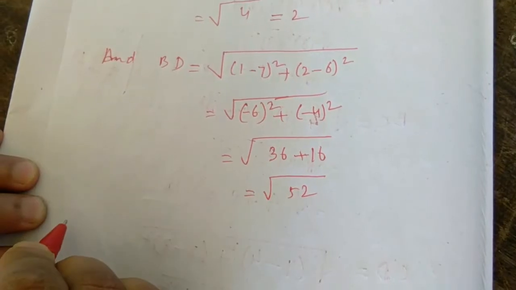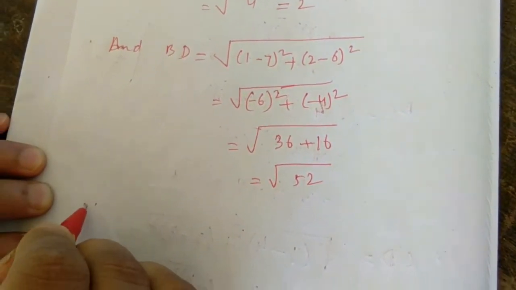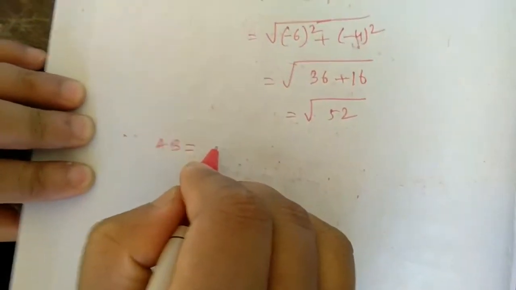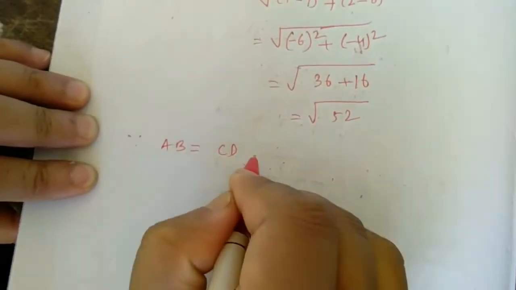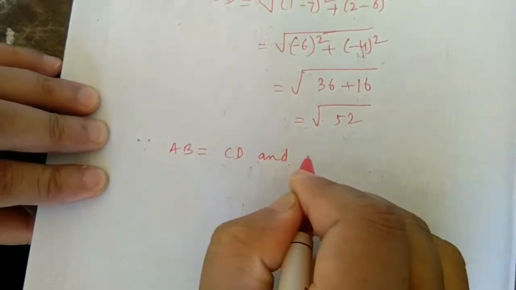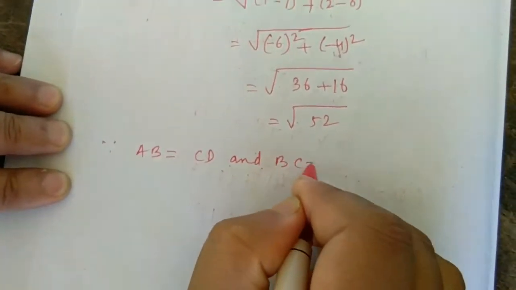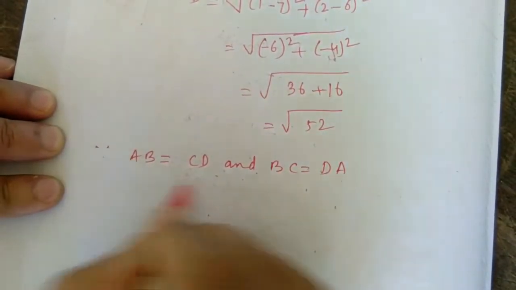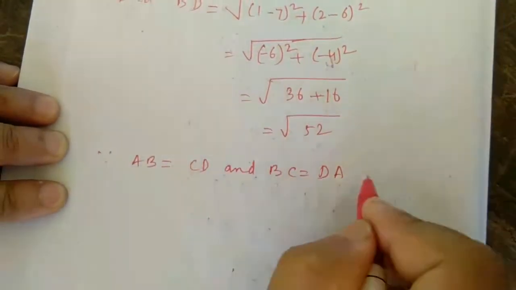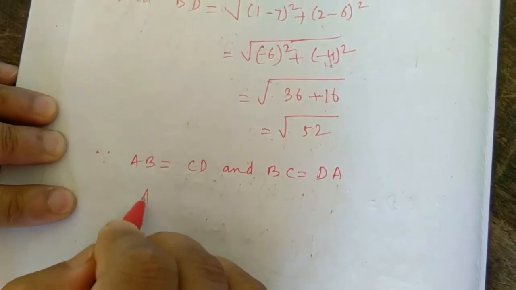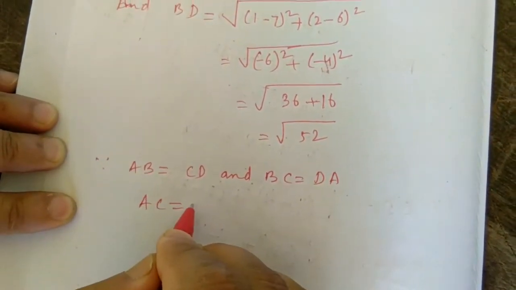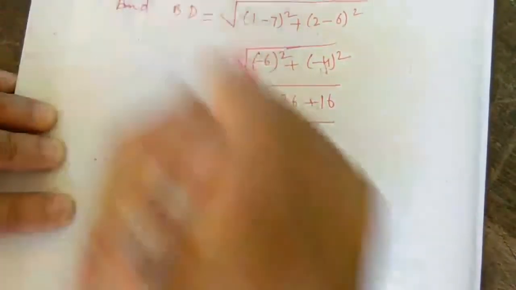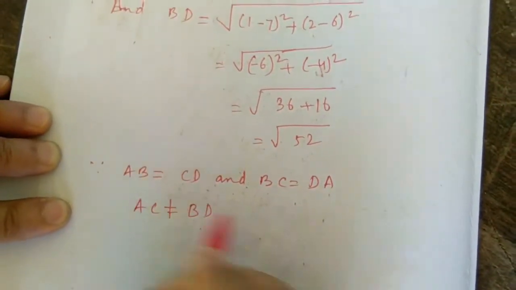That means, since we write like this, since AB is equal to CD and BC is equal to DA, and what about AC? AC is not equal to BD, the diagonals are not equal.